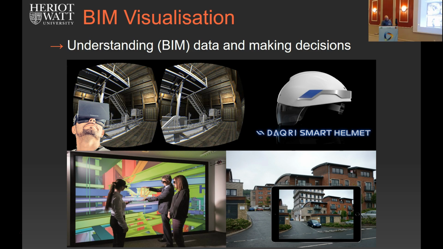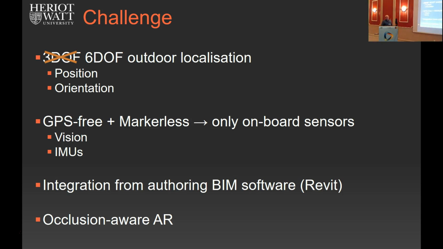This is because it helps us deal with the first of the challenges. We can go outside, and we are dealing with 6 degrees of freedom instead of 3. We are calculating position and orientation, not just orientation. Also, we don't want to depend on external devices or external signals, such as GPS or external features or markers.